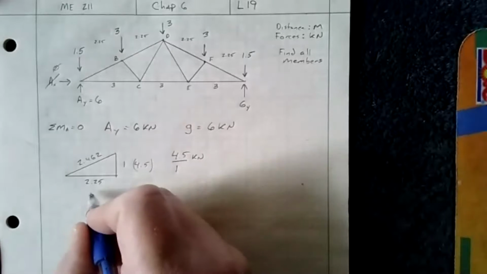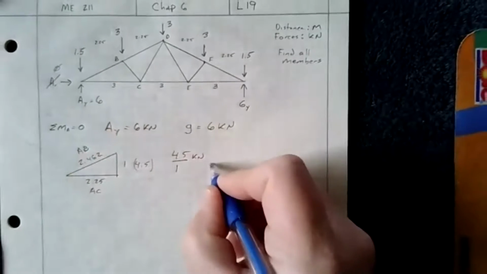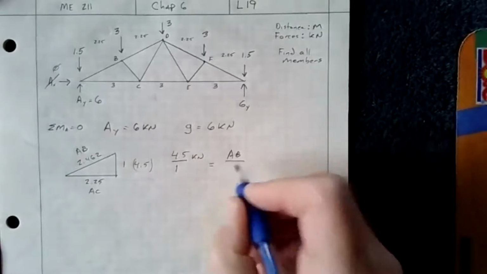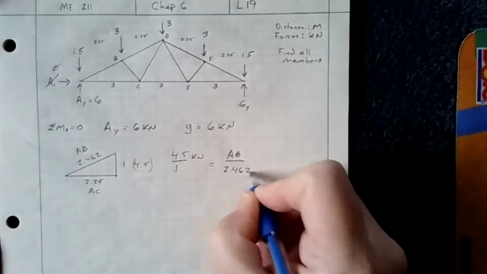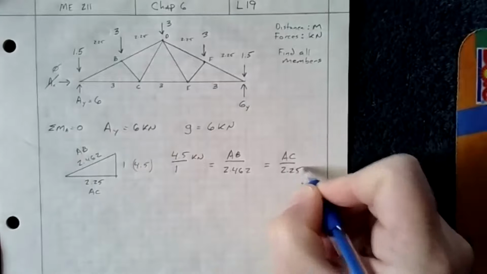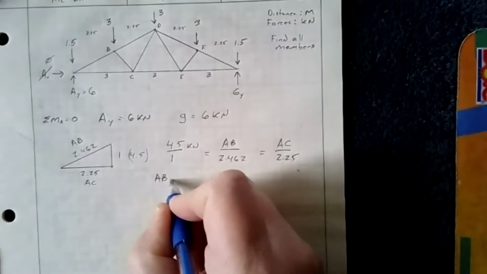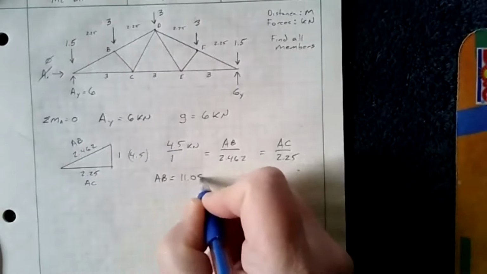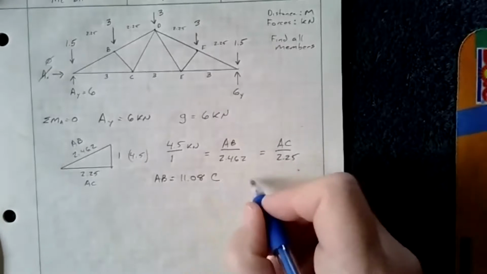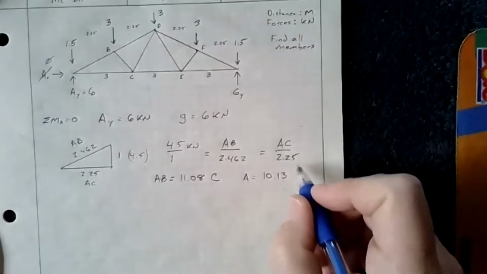And this side, of course, is AC, this is AB. And that equals AB over 2.462. And that equals AC over 2.25. From there, we get AB equals 11.08 in compression, and AC equals 10.13. And again, these are all in kilonewtons, so I'm not going to write units.